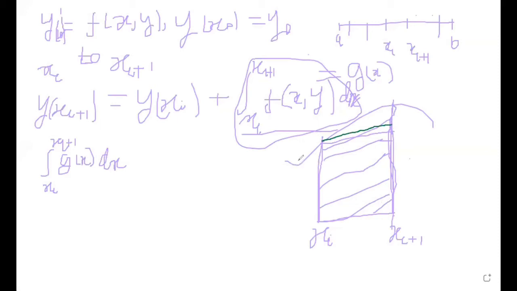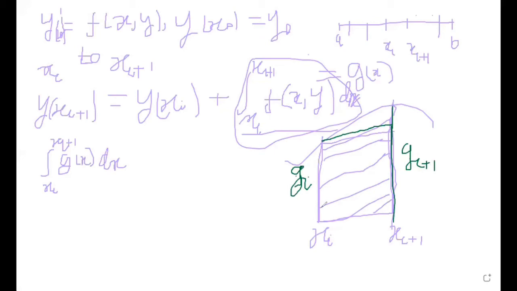This length is f at xi, which I am denoting fi or gi. I'm denoting this gi equal to g at xi. And what is this height? This height is basically gi plus 1. Am I right?